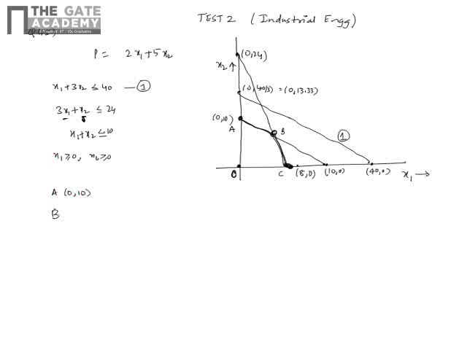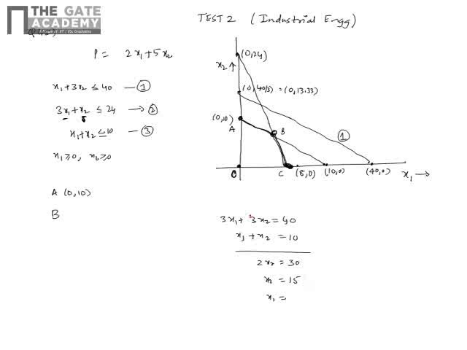Now B is basically an intersection between the first and the third line. So x1 plus 3x2 is 40 and x1 plus x2 is 10. If we subtract, you will get 2x2 as 30, x2 as 15, and x1 will be then, sorry, this is an intersection between 2 and 3, not 1 and 3.